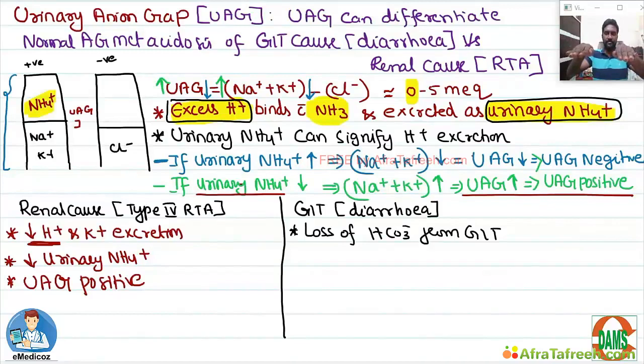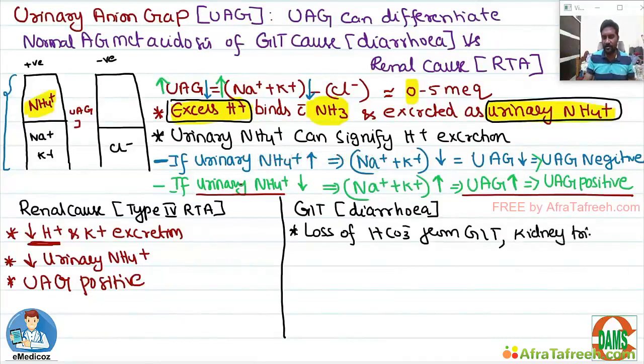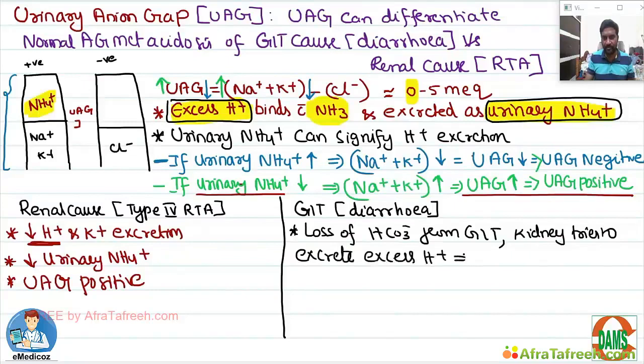Now because of a disease, bicarbonate is decreasing because of loss of bicarbonate from GIT. If the kidney is functioning well, it will try to excrete all this H plus from the body. See, the kidney's function is to excrete something which is in excess in the body. So because all these H plus are going into the urine, there will be increased urinary NH4 plus.